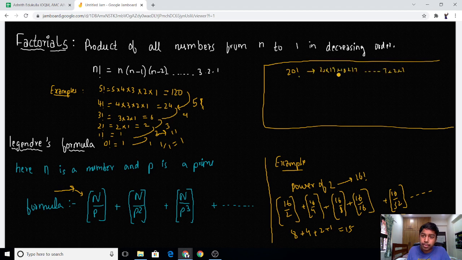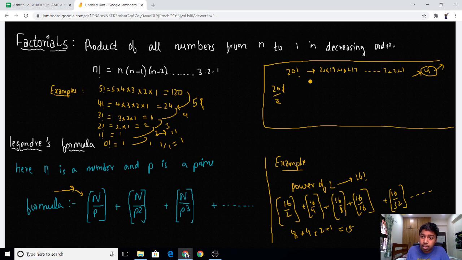How many numbers are divisible by 2? There are 10 numbers, alternately, which are divisible by 2: 20 by 2. So all the numbers like 20, 18, 16 are divisible by 2. But if there is a number which is divisible by 4, then we get an extra factor of 2.